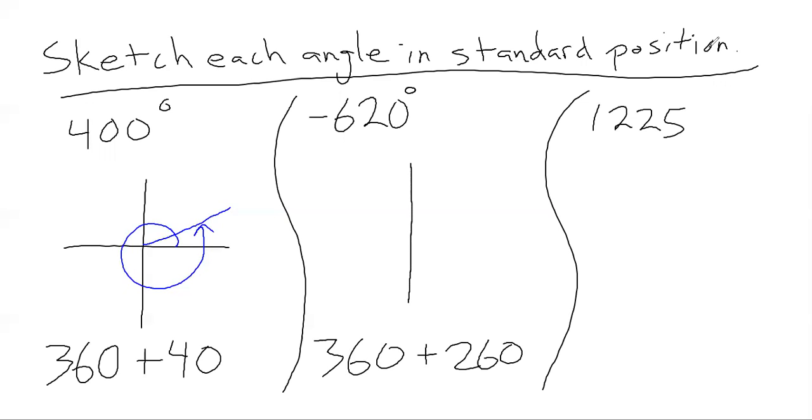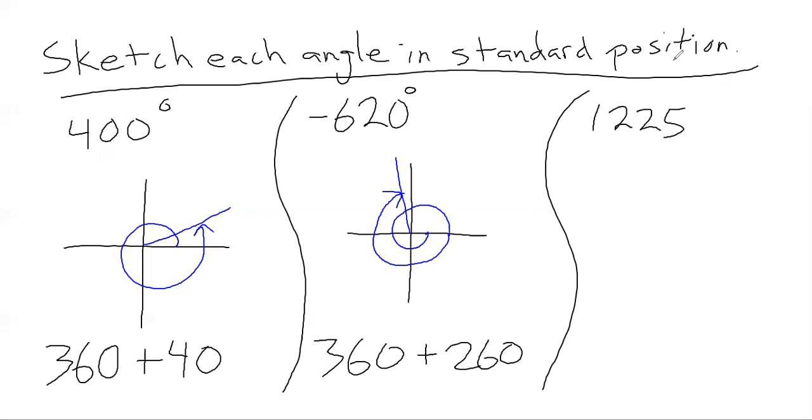So if I'm drawing this one out, I'm going to go a full revolution plus more in the negative direction. So one full time around would be 360, but then another 270 would put us just a little bit short of that third axis. That would be a negative 620-degree angle.